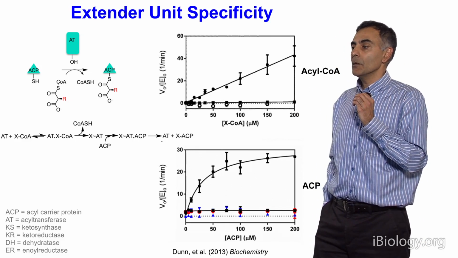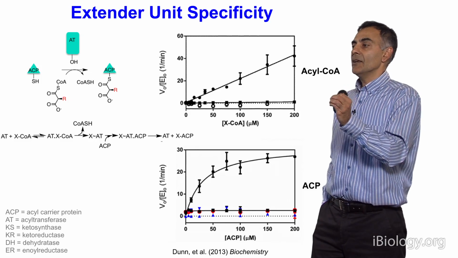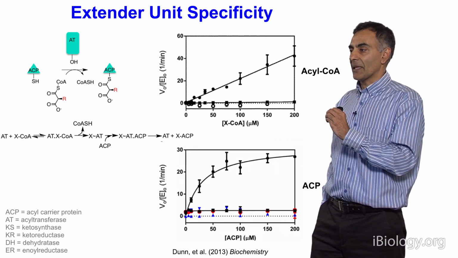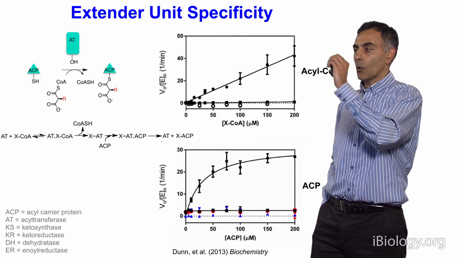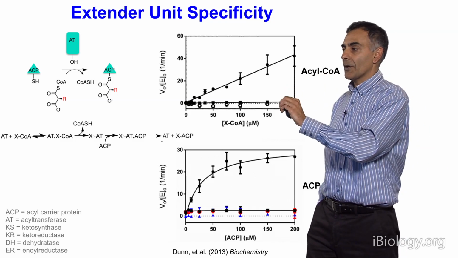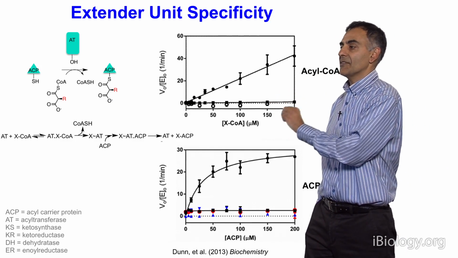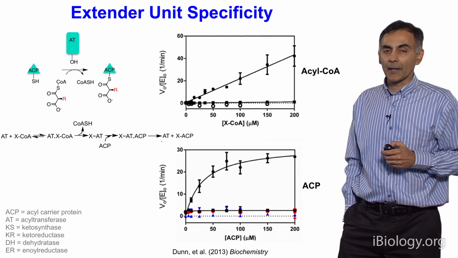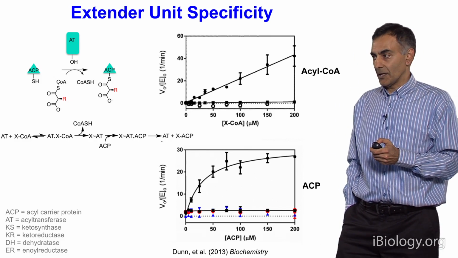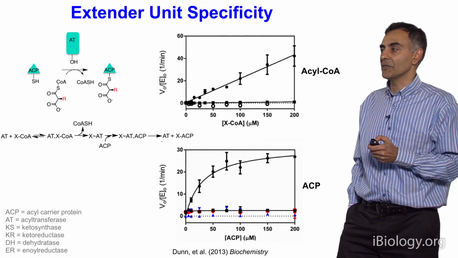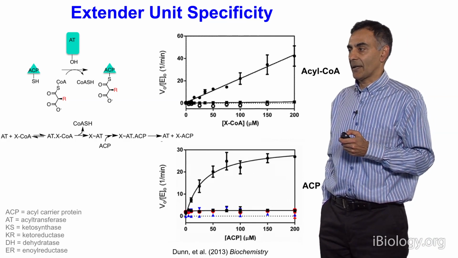It is bound by the acyltransferase. The acyltransferase picks the methylmalonyl extender unit. Coenzyme A leaves. The carrier protein comes in, is recognized by the acyltransferase, and takes away the product, the methylmalonyl extender unit. So that ping-pong element comes into this kind of mechanism.